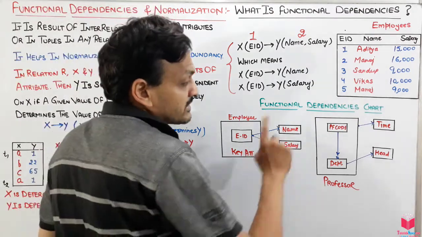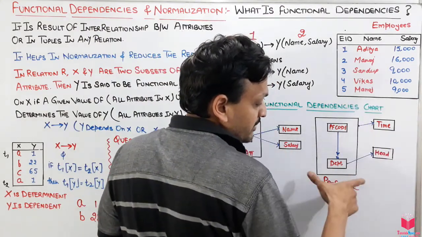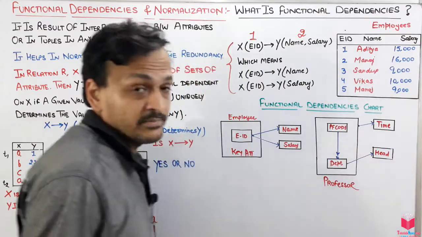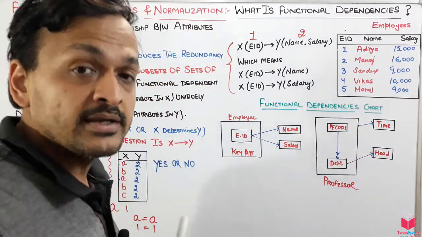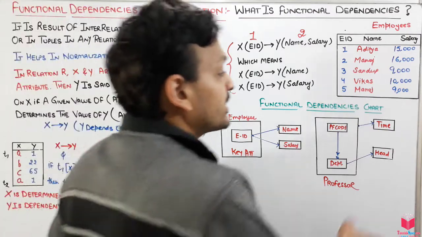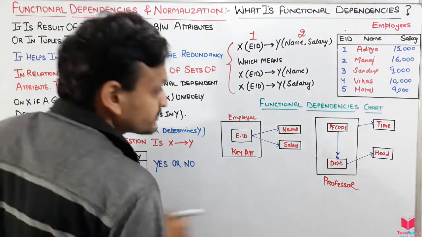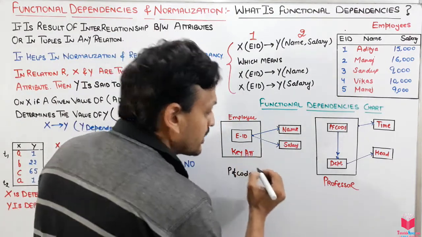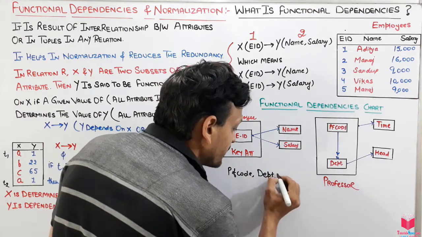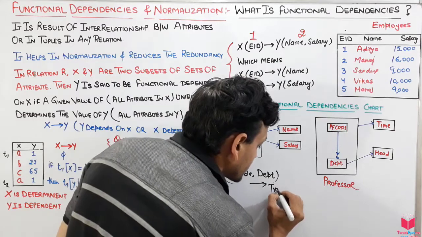Okay, so see the arrow first. See, this arrow goes to this attribute outside the box. That means all the keys inside this box combined will uniquely identify this. That means we have to write PF code, comma, department, determines time.